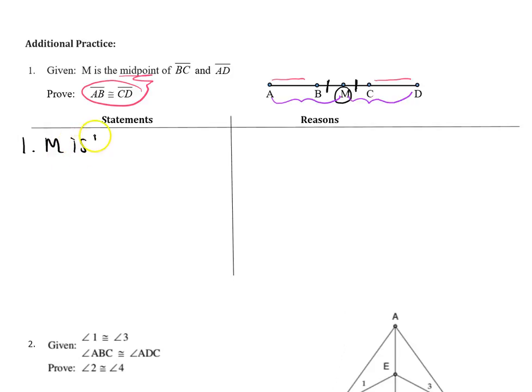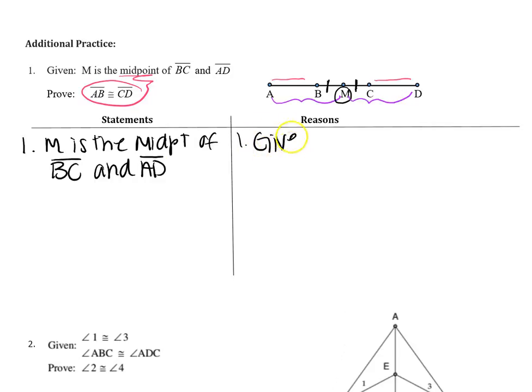So M is the midpoint of BC and AD. Okay, now, like I said, I got to talk about the stuff they gave me. They gave me midpoint, talk about midpoint.